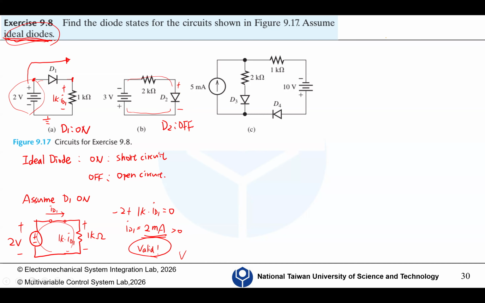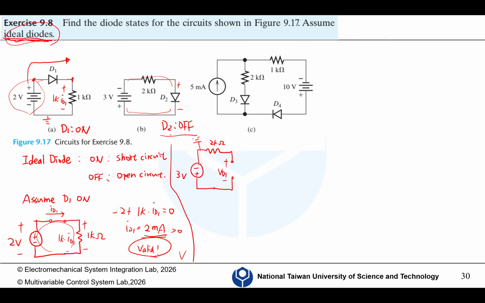And if you are uncertain, you can assume D2 is off, and then same thing, you write this circuit diagram. This is 2K ohm, and then this is off, and then this positive negative V1.